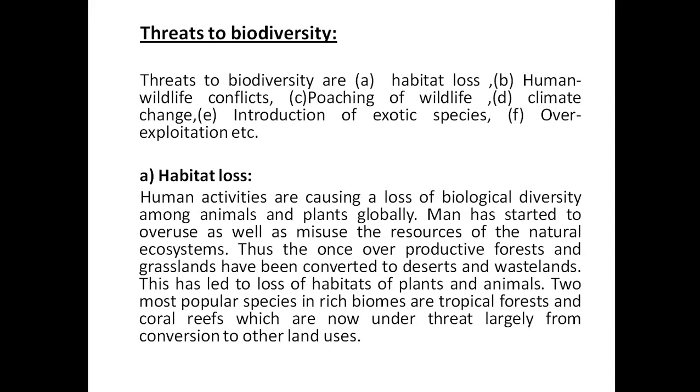This has led to loss of habitats of plants and animals. Two of the most species-rich biomes, tropical forests and coral reefs, are now under threat largely from conversion to other land uses. Thus, habitat loss is one great threat to biodiversity.